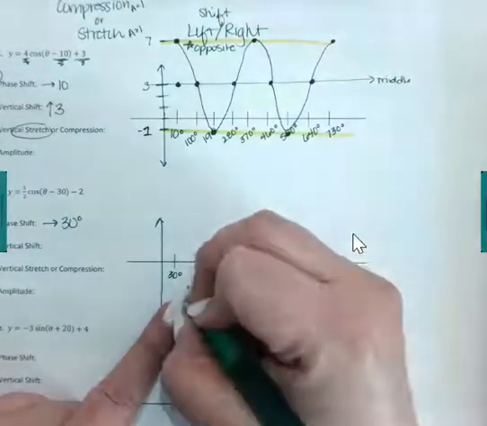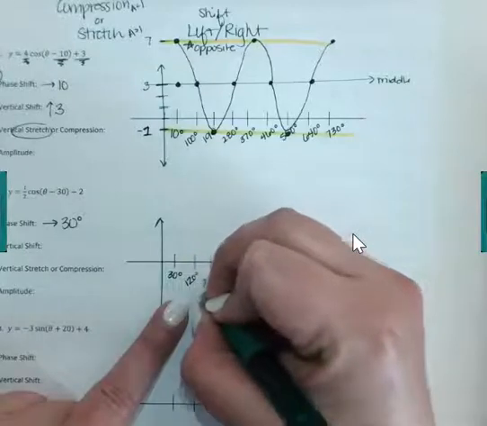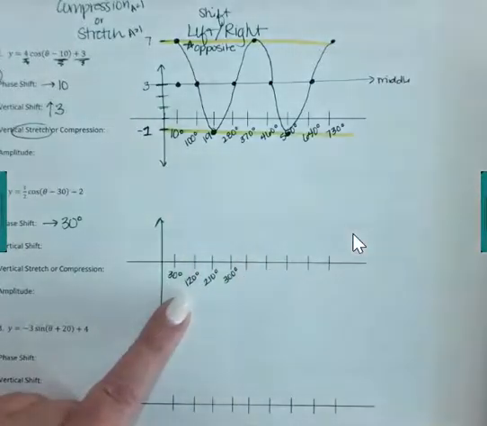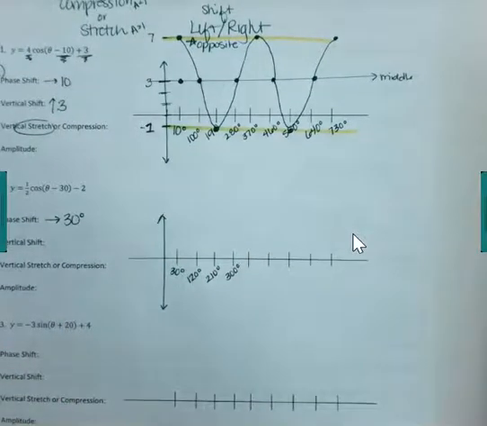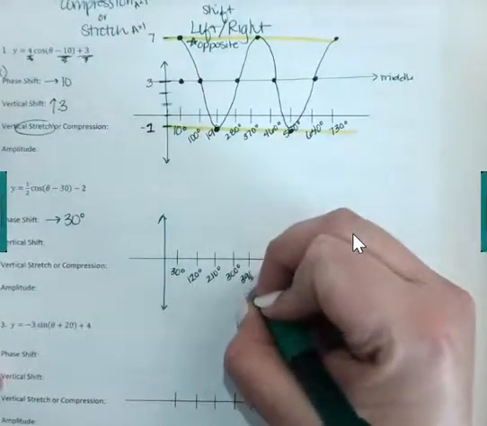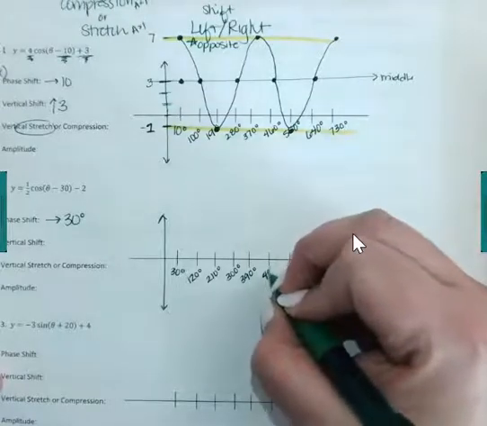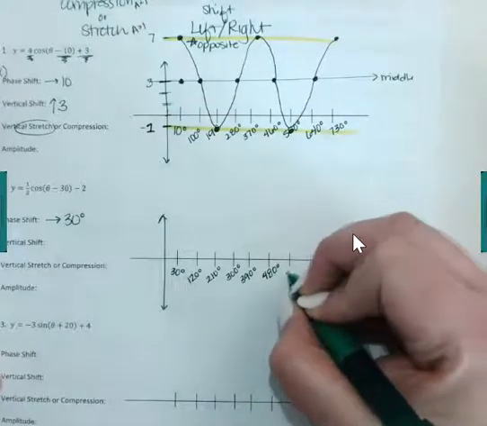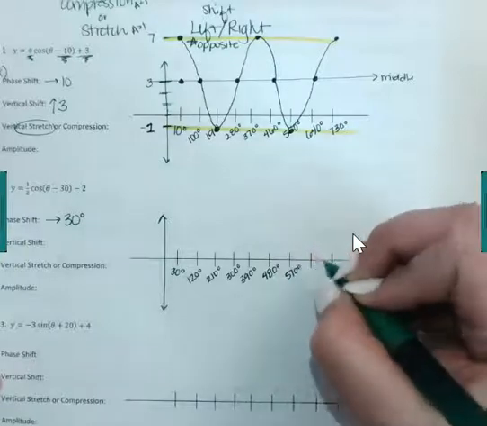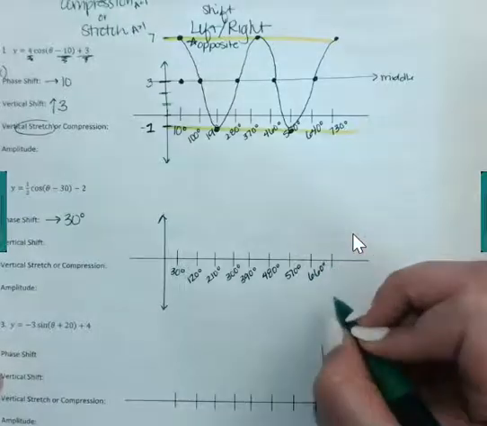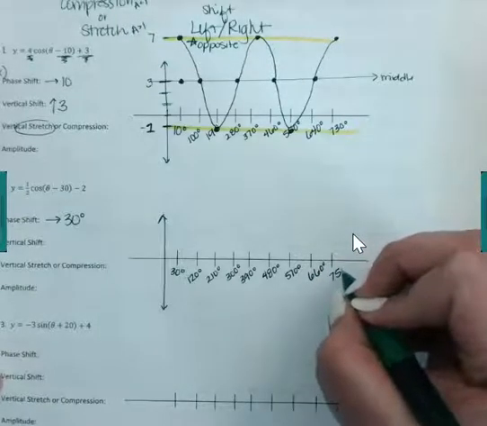So we're just going to label our x-axis. 120, 210, 300. What would come after 300? 390. Next one? 480, 570. Next one would be 660, and then 750.